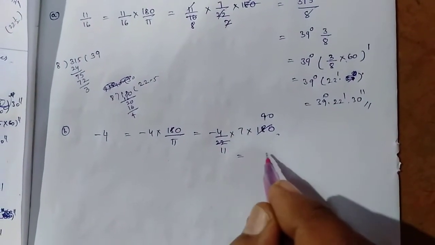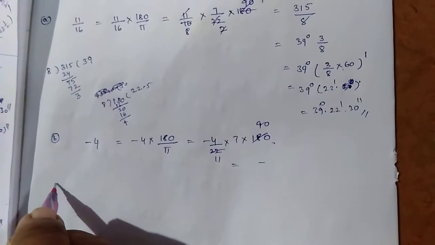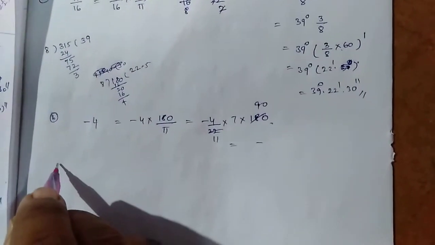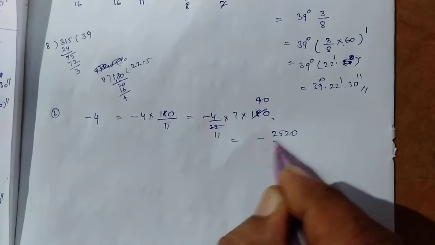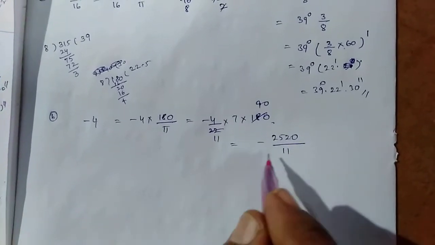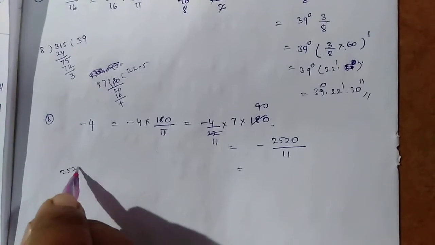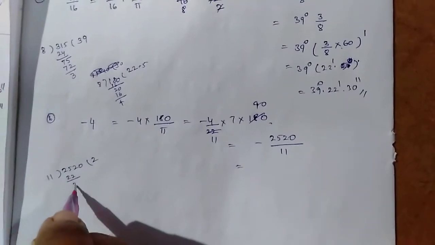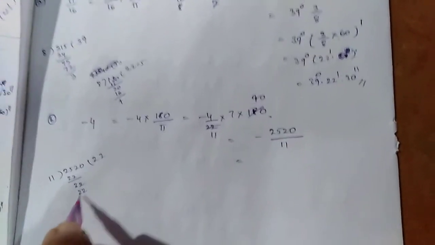Again it is minus 28 into 90, that is minus 2520 by 11. That is nothing but minus, 2520 dividing with 11. 11 2s are 22, 3 2, 11 2s are 22 again, 10 0.